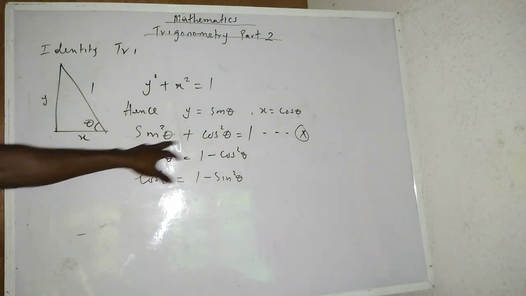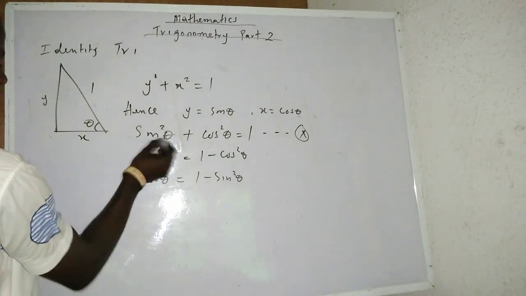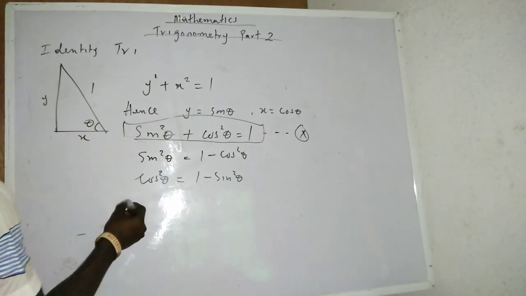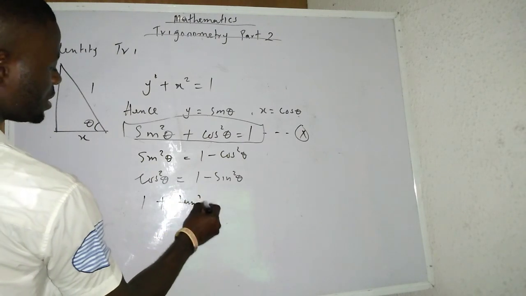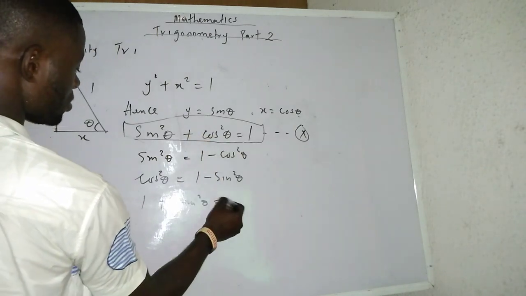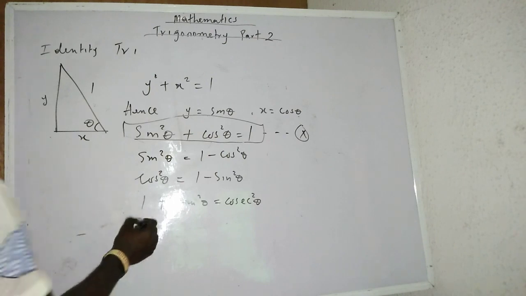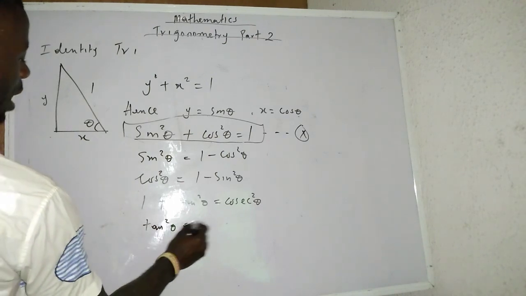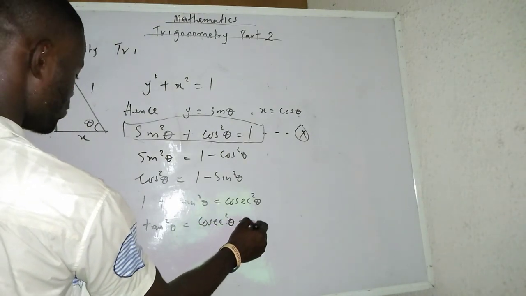You can do the second part, divide all through by sine square theta. You also have something very good. At that time, you'll be having cot square theta. Let me quickly do that. If I divide all through by sine square theta here, I will have 1 plus cot square theta equals 1 over sine square theta, which is cosec square theta. Since I have that, my cot square theta can be equal to cosec square theta minus 1.